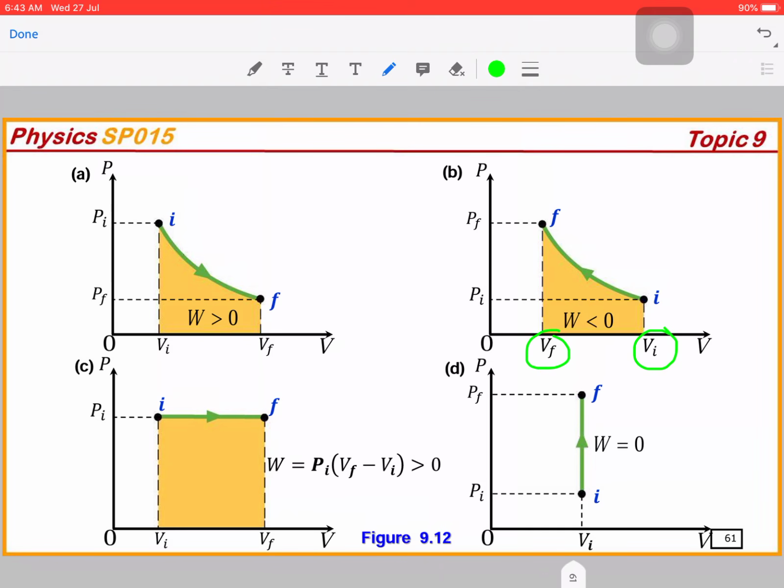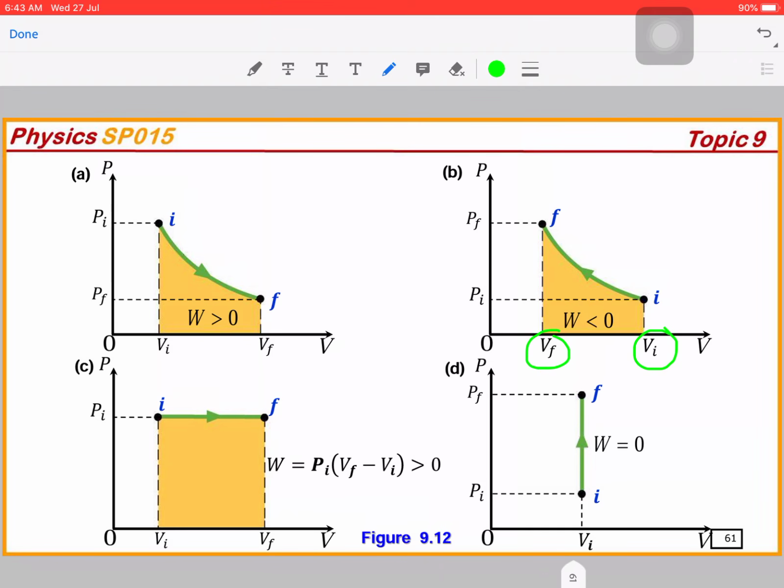Okay, so process C, you can see it has the same pressure, but okay, the volume is changing. So you can say W is P times VF minus VI. So V final is bigger, so your W is bigger than 0. Or we can say positive values lah.